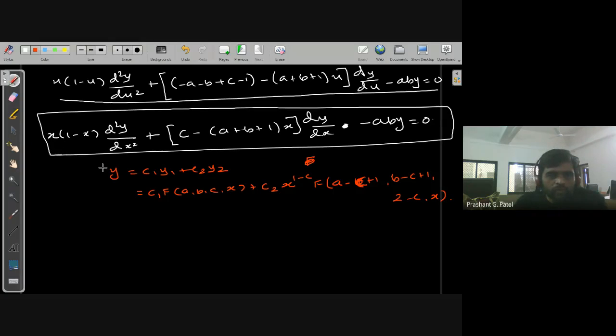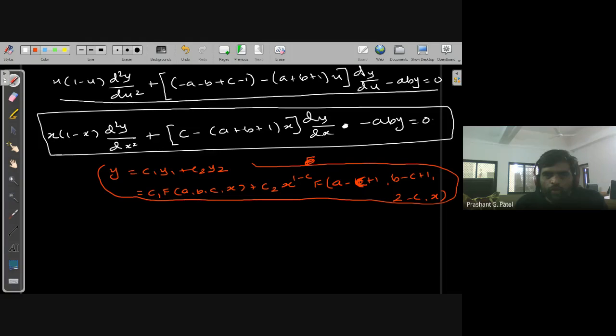This is the solution for this equation that we know from the previous result.